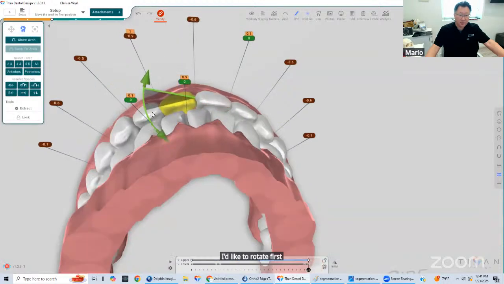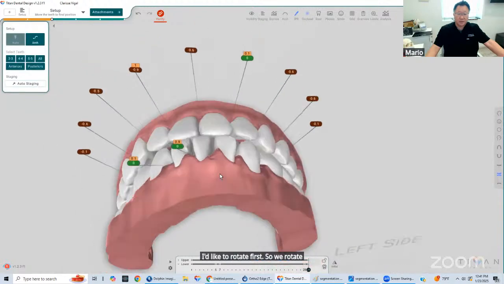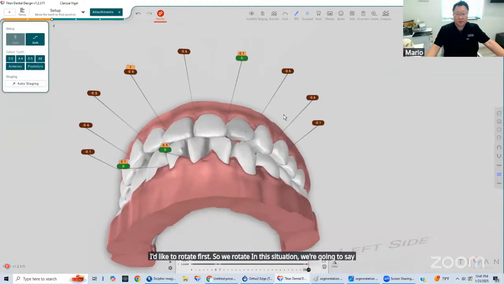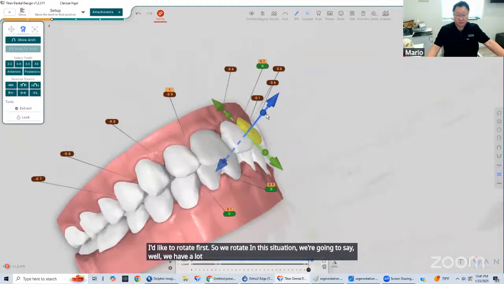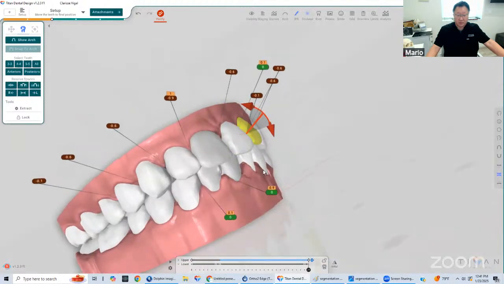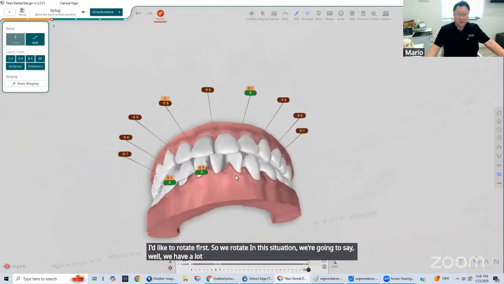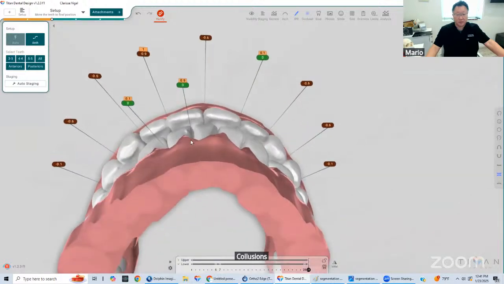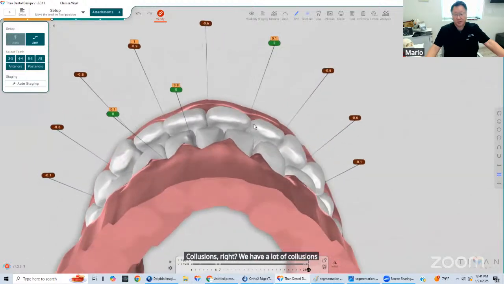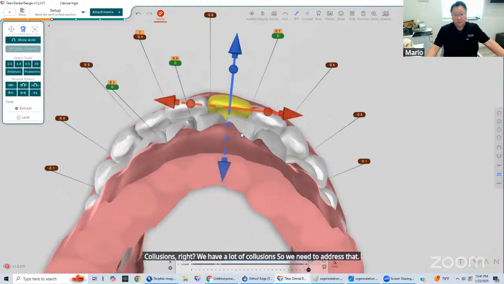So we rotate. In this situation, we're going to say, wow, we have a lot of collisions, right? So we need to address that.